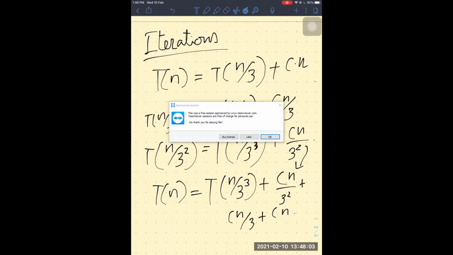Can you say that again? I still don't get it. Yeah, so we are putting the value of T of n over 3 in this equation. Then the value of T of n over 3 squared in this equation. So if we add up all these three equations, then we'll get this fourth equation.